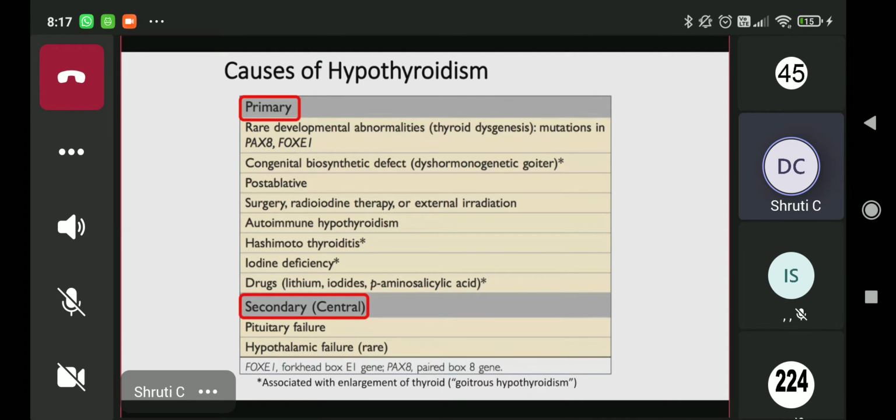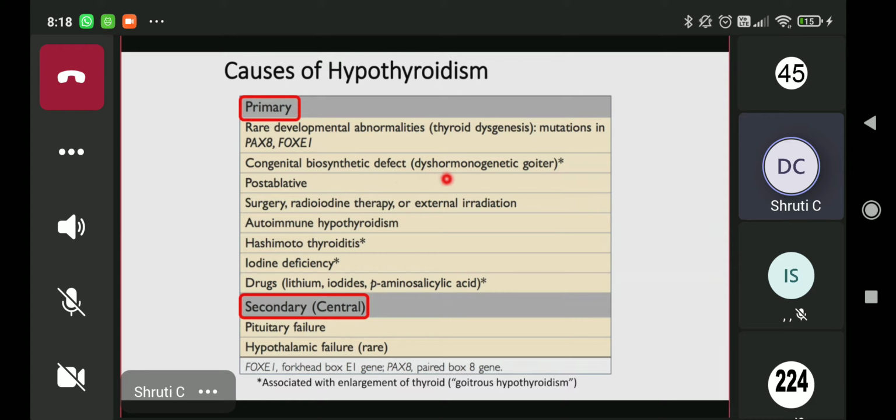So what this table tells you about the causes. The primary causes, basically there's less production of thyroid hormone. So the less production can be maybe there is some developmental abnormality. Okay, thyroid dysgenesis. The mutations will be in PAX8, FOXE1. You should remember this. Okay, then there could be a congenital biosynthetic defect.